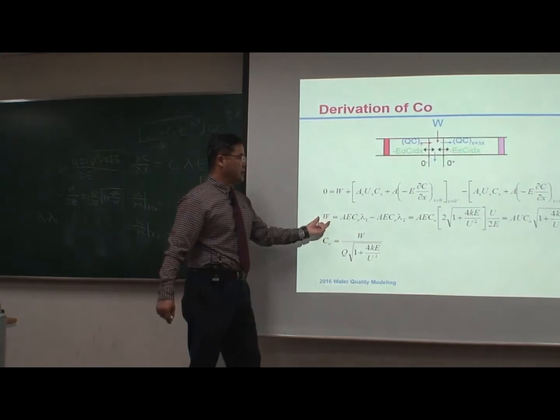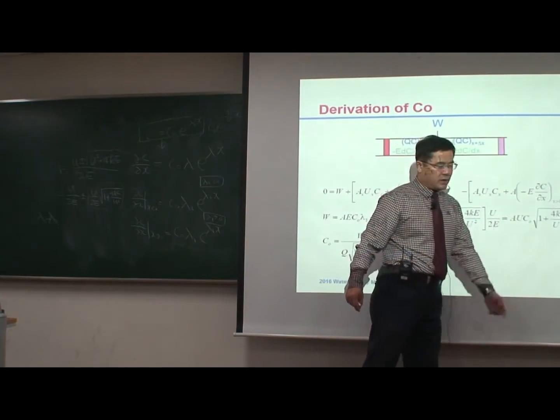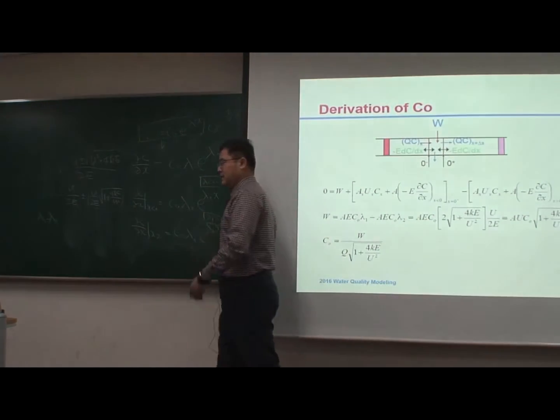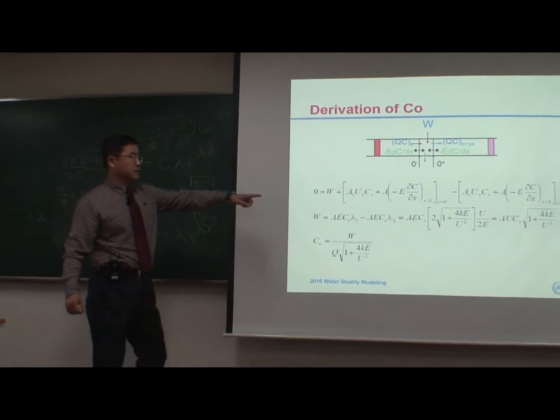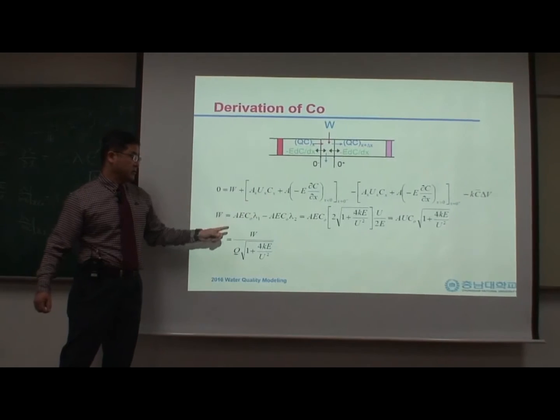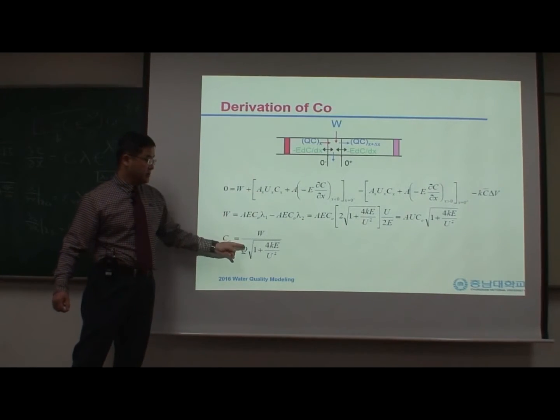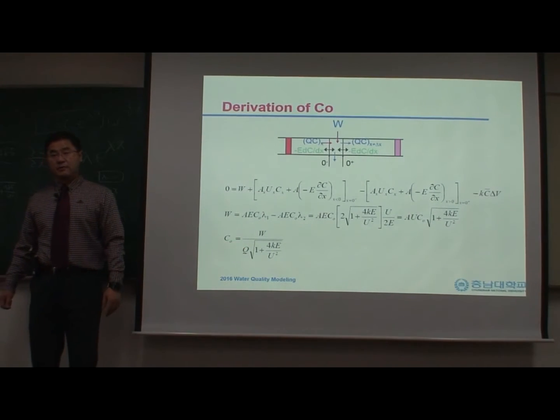Now W is equal to this one, and what I wanted was to calculate C0, right? So I can back calculate C0 by using this relationship like this. Okay?